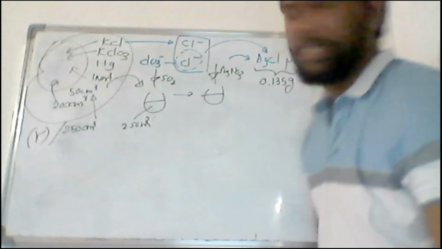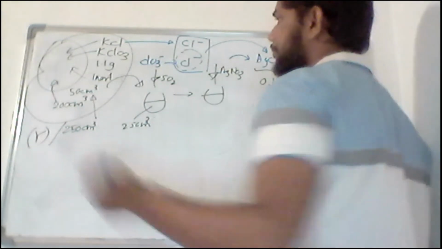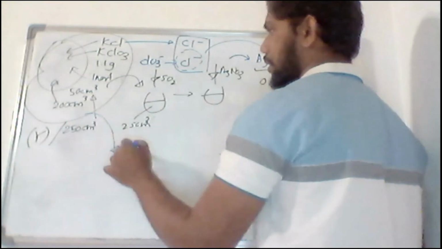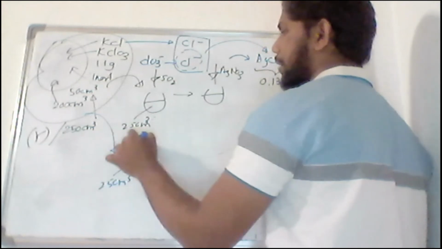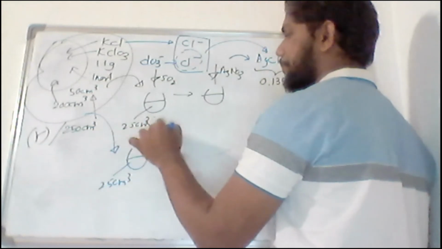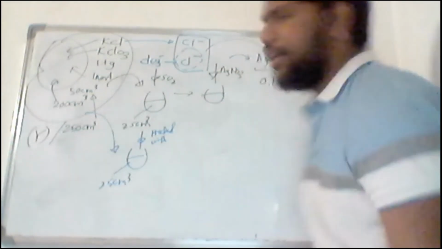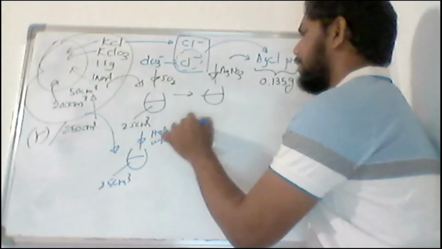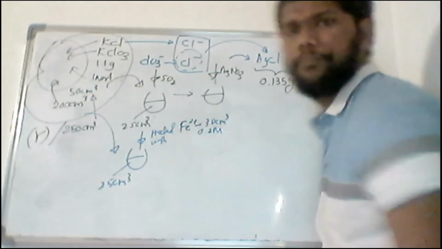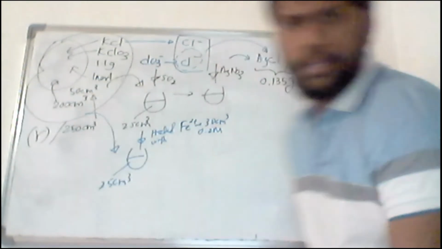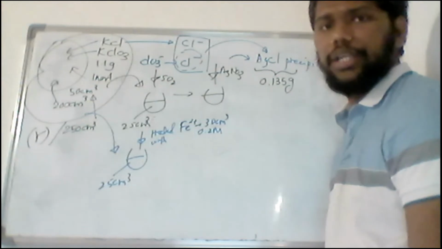That is one process. And another part of this solution, they have taken 25 cubic centimeters again, and they have heated it with Fe2 plus solution. It was 30 cubic centimeter of 0.2 M, right? Yeah, in the acidic medium, and they have mentioned the volume that is needed for the unreacted.